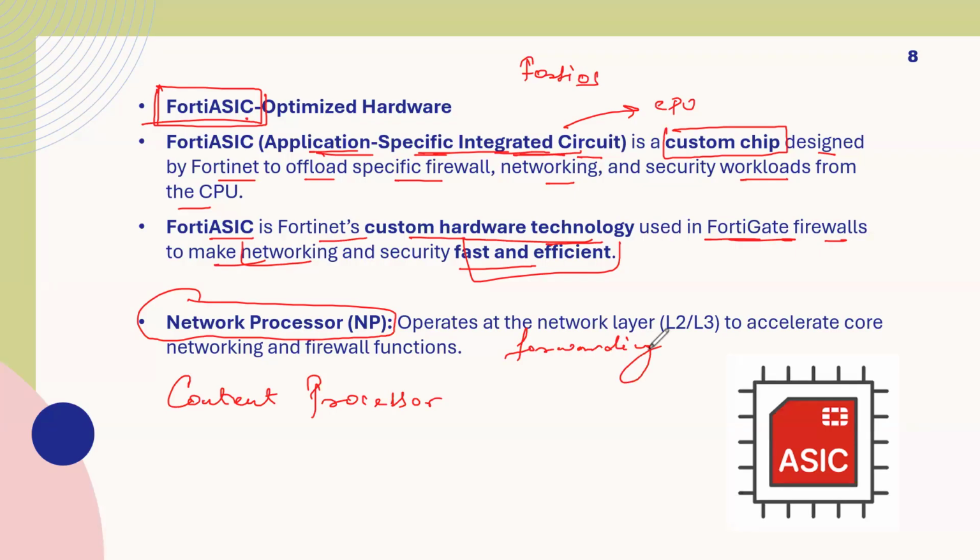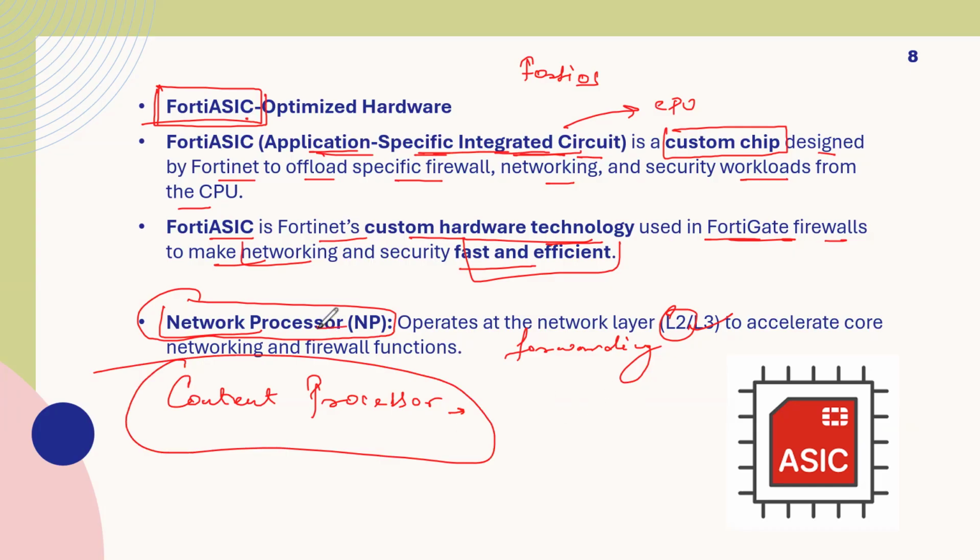The network processor's function is to forward the traffic, whether it is layer 2 or layer 3. When it is layer 2, you know what it will be using, and when it is layer 3, it will be using IP addresses. So to forward the traffic, it uses network processors. Now, the content will be identified, and that is done by the content processors.